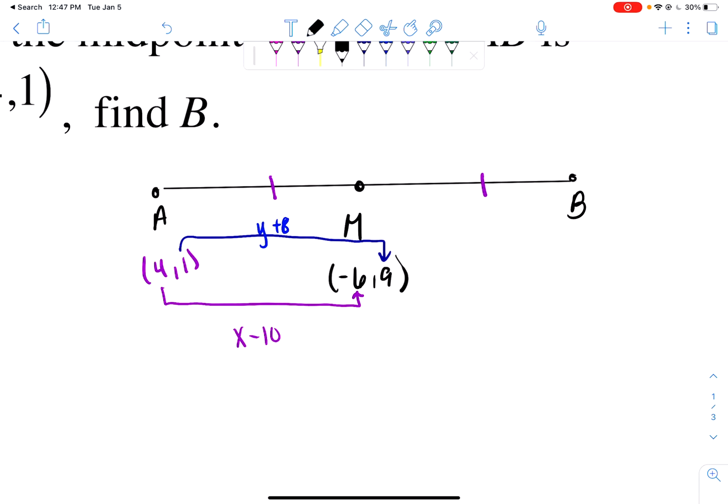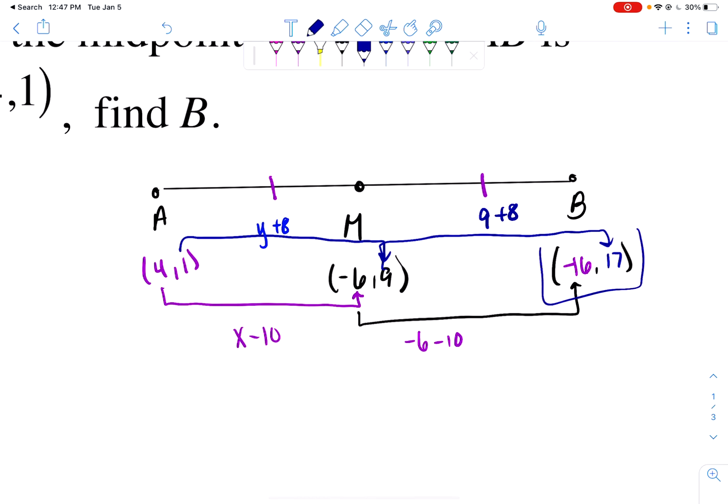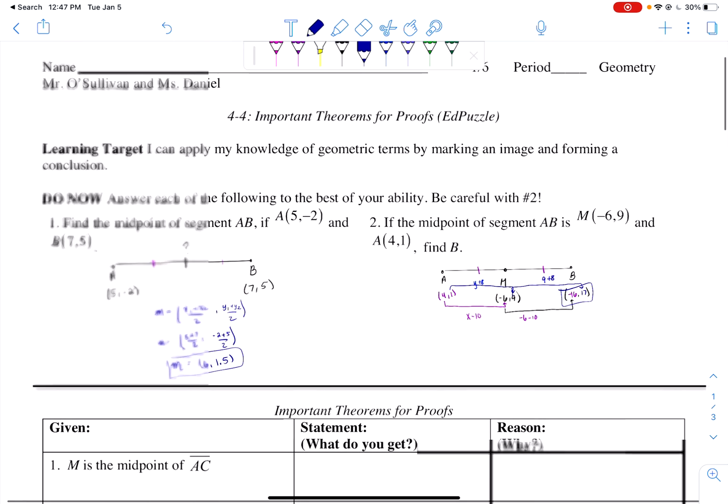To find B, from -6, my new x value is -6 minus 10, which gives me -16. And my y value, I'm going to add 8 to. 9 plus 8 is 17. That is my missing endpoint. So if I were to do the midpoint formula on (4, 1) and (-16, 17), I would get (-6, 9).